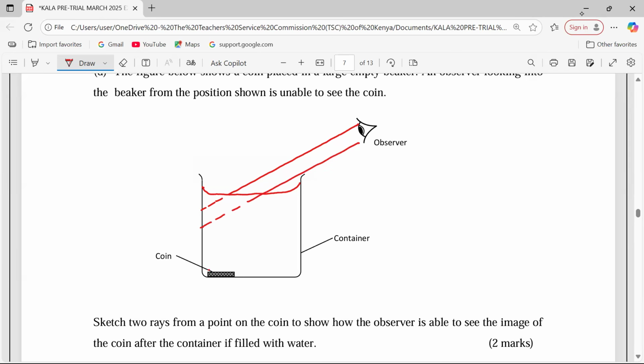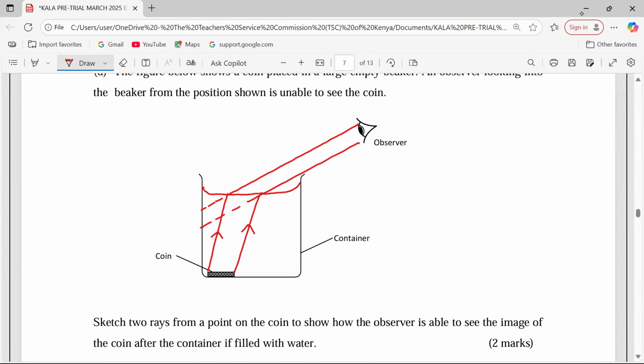So what will be happening here is that from the real coin, we shall have rays of light moving up that way. Then they shall be bent.